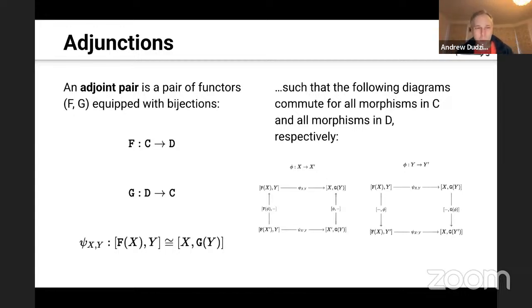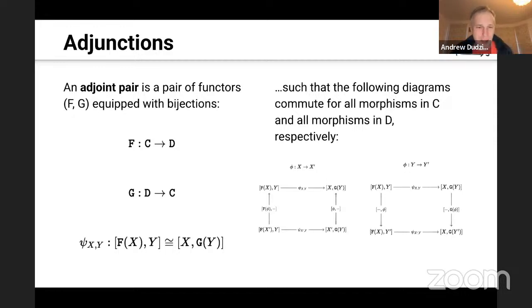So an adjoint pair, we say F is left adjoint to G, means that we have 2 functors, F from C to D, G from D to C. These are any categories. And they have to satisfy this condition I just said, which is that maps out of F should be the same as maps into G. There should be a bijection between the two.